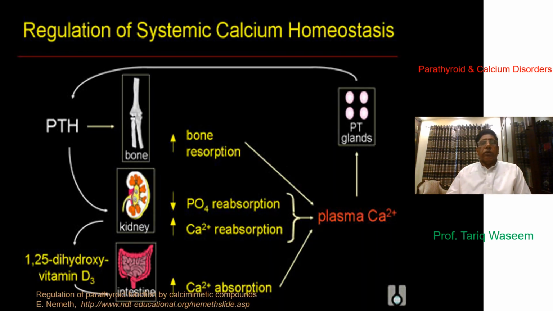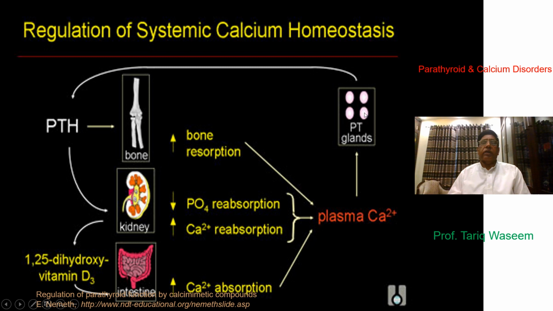Now we know that the tetany results from decrease in the calcium levels. How is this calcium level regulated in the body, just a brief review of that: the plasma serum calcium is regulated through the parathyroid hormone or parathyroid glands.